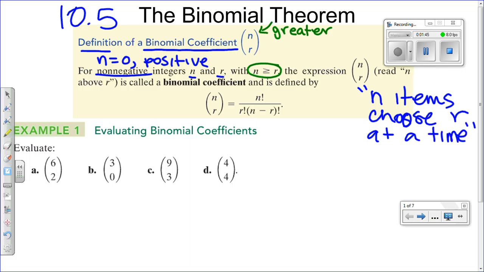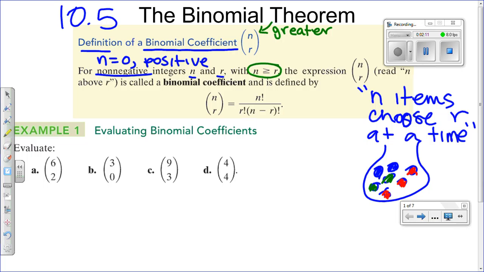What I mean by that, imagine that you have a container, and that container has, let's say, 4, 5, 6, 7 marbles. Some of them are blue, and then the other ones maybe green, and the other ones are red.